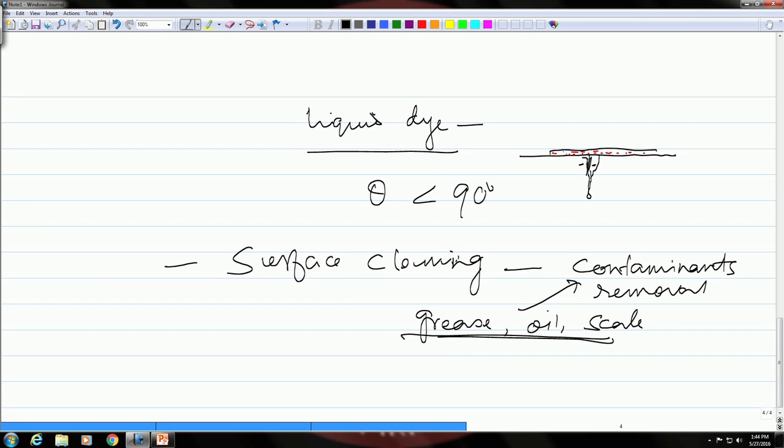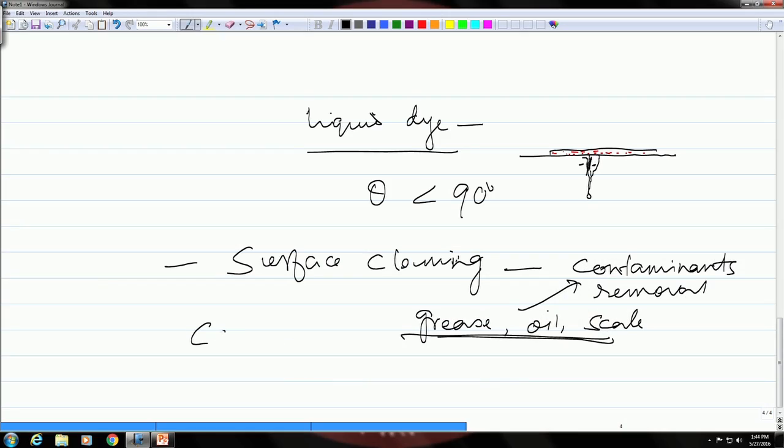The force which draws a liquid inside an opening or any fissure on a solid surface is known as the capillary force, which develops due to the surface tension of the liquid.